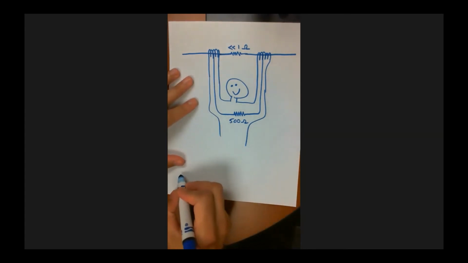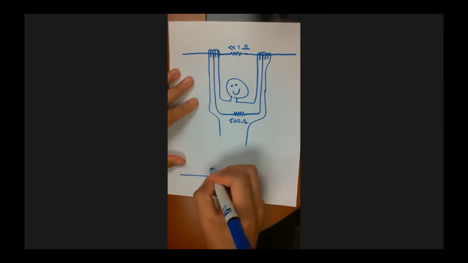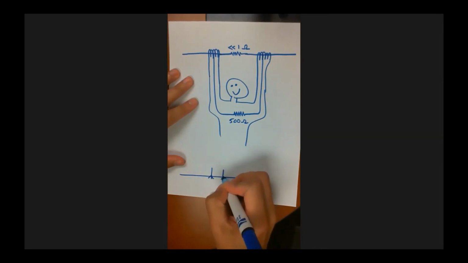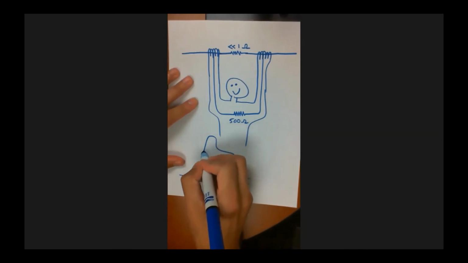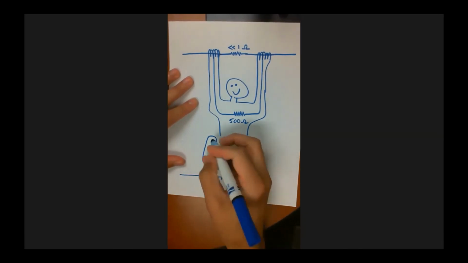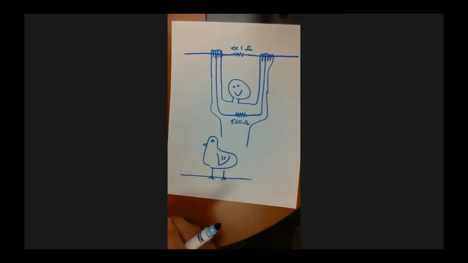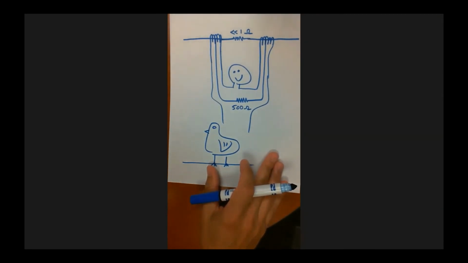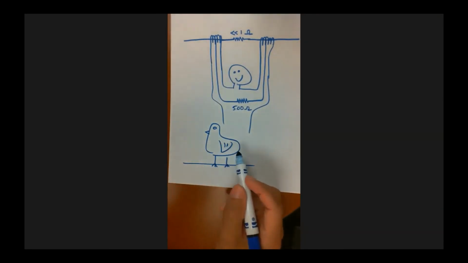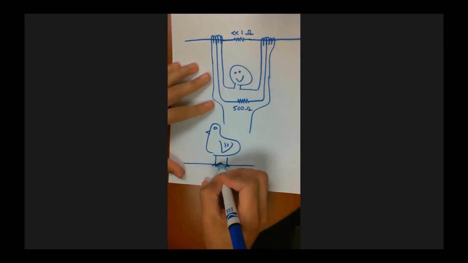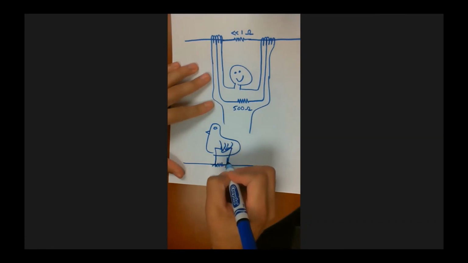This is the exact same reason why birds can sit on transmission lines. You ever read the pigeon books? Probably not, they're kids' books. But anyway, this looks like the pigeon. We have a resistance right here of the transmission line, and then we have the resistance of the pigeon.